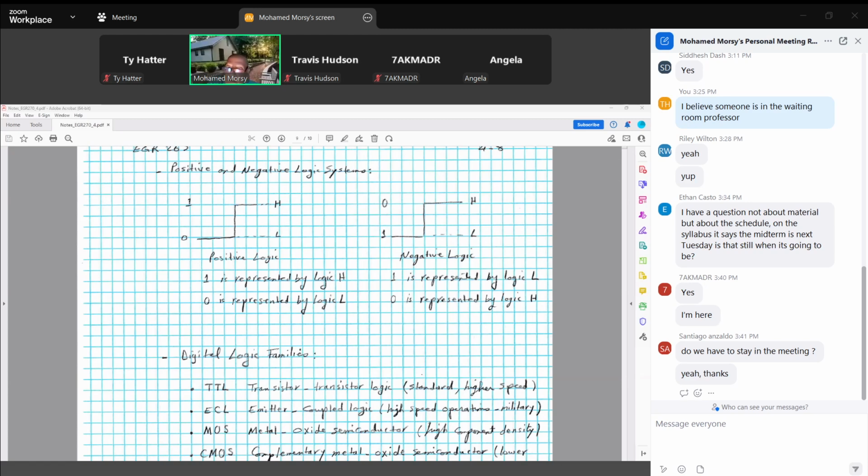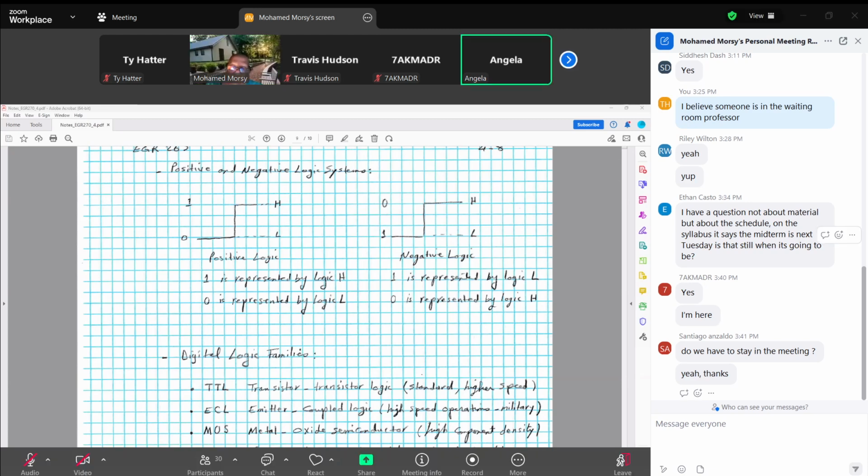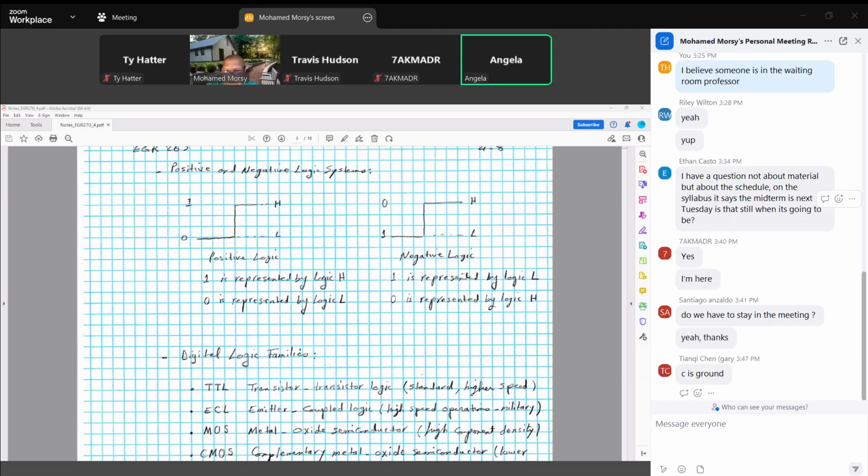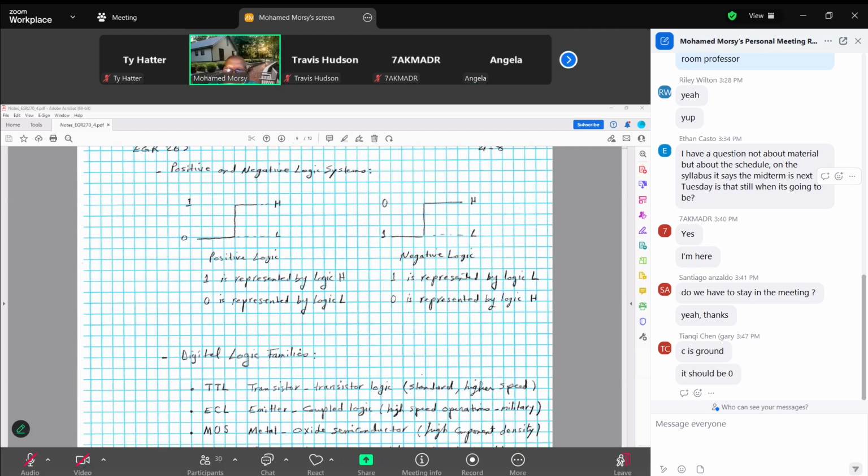Or should it also have values about the C input? The C input is always 0 because it is connected to the ground. Oh, okay, I see. All right, my bad. Thank you. You're welcome.